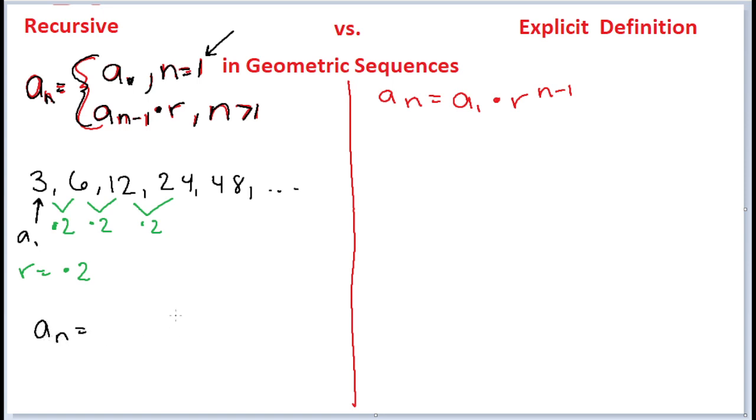A sub n is equal to my a1, which is 3, for my first term. Sorry, it should be n. For my first term, n equals 1.